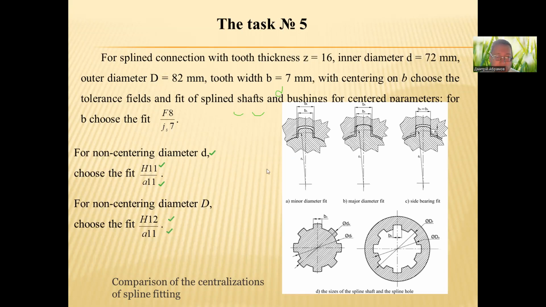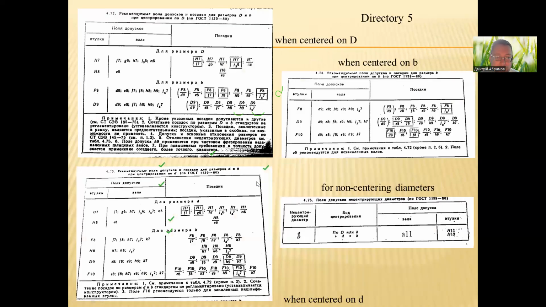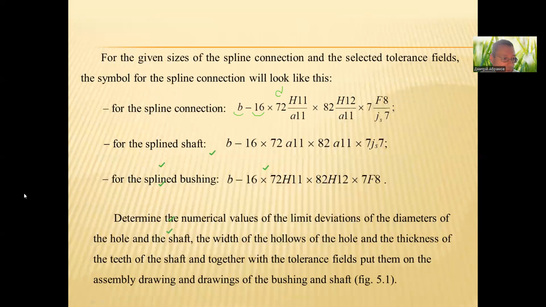So it's small d, diameter 72, H11, A11; big D, diameter 82 millimeters, H12, A11; and B equal to 7 millimeters, the width of the tooth.